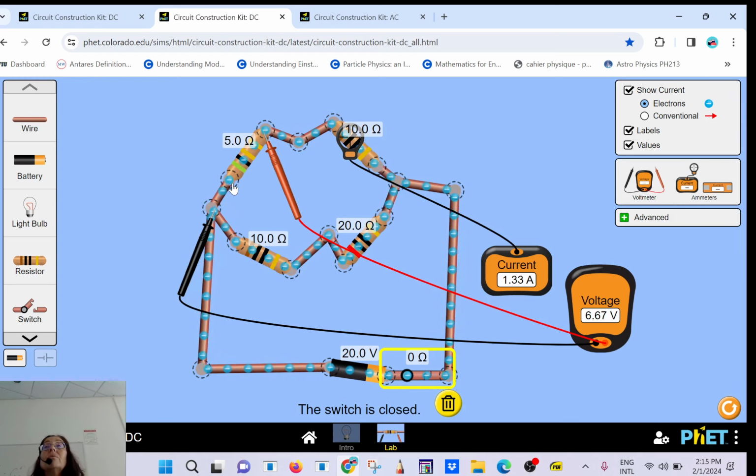So 1 coulomb, any charge has to be an integer number of the fundamental charge, and the fundamental charge is the charge of an electron. So it's going to be 1 divided by 1.6 times 10 to the negative 19.